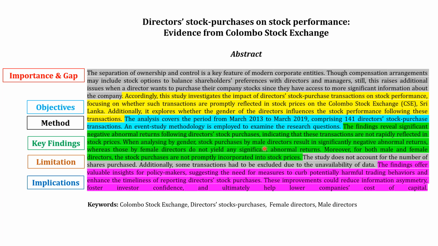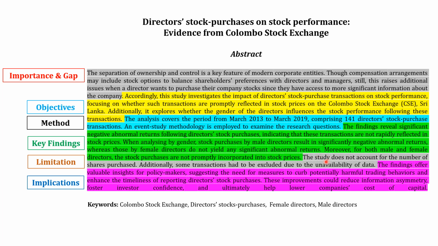Now this is the result according to the objective. Moreover, both male and female directors' stock purchases are not promptly incorporated into the stock prices. So this is the result. So this is what you want to achieve and this is the achievement. That is our key findings.